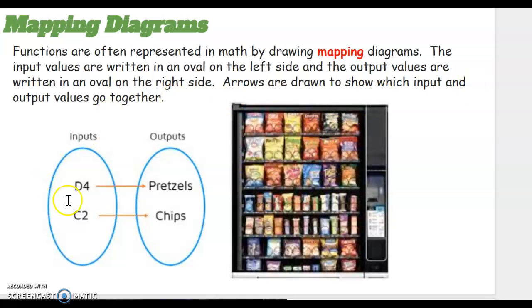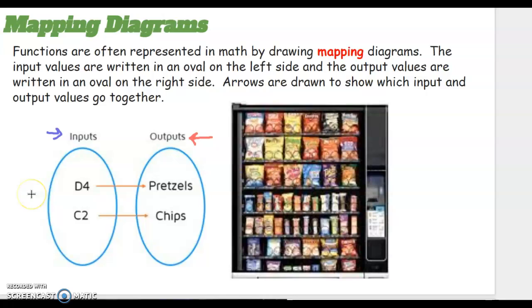The input values, which I hope you can see right here in this first section, are written in the oval on the left side, and the output values, right here, are written in an oval on the right side. Arrows are then drawn to show which input and output values go together.